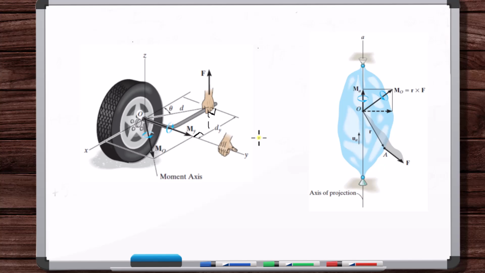If you want that as a vector, you take the unit vector in the direction of the axis dotted with R cross F, and then multiply that by the unit vector again to turn it into a vector.